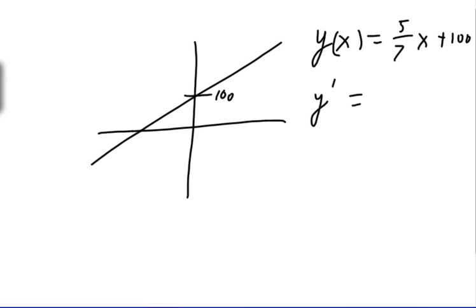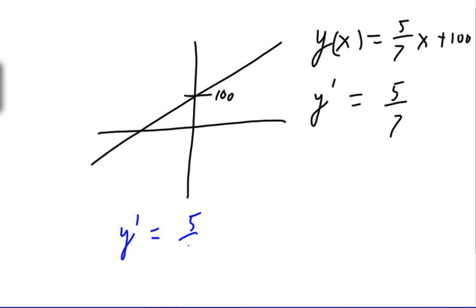So I got an xy plane. I got that line there. Y of x equals 5/7 x plus 100. Okay, I take the derivative of that, boom, and I get 5/7. Right. So now I got a problem.